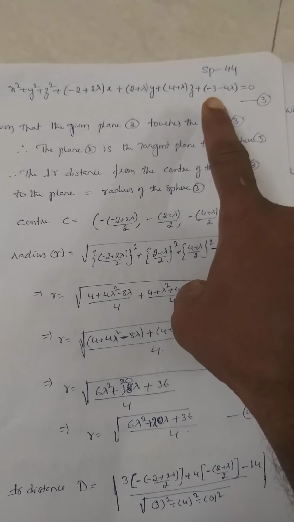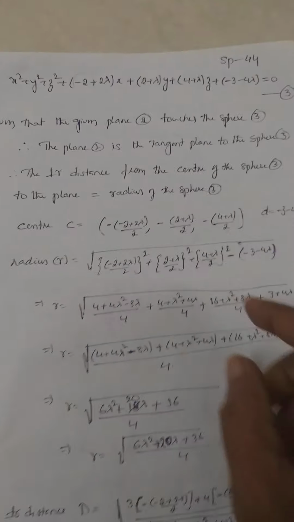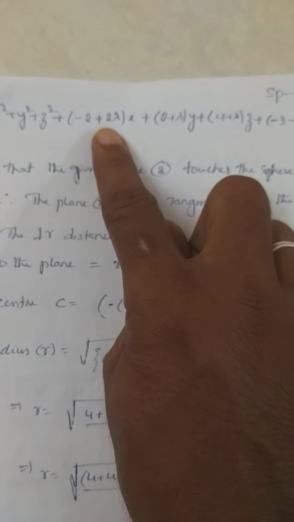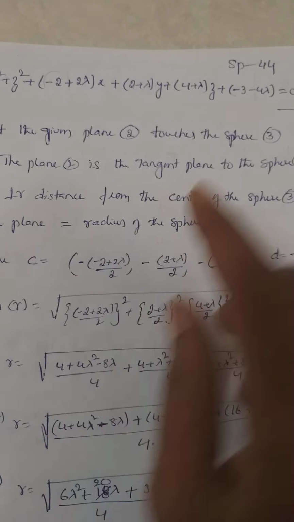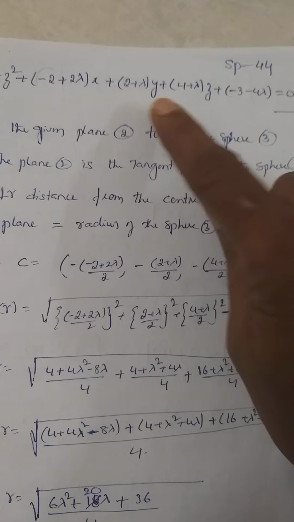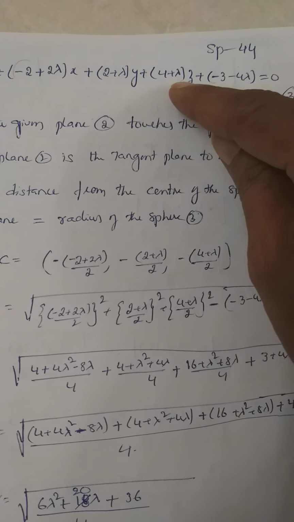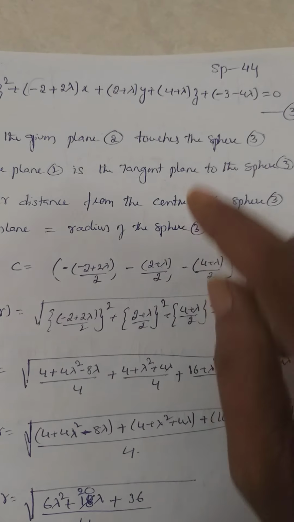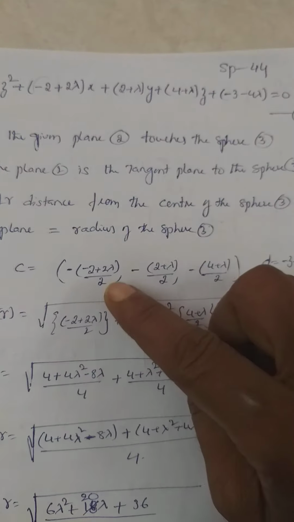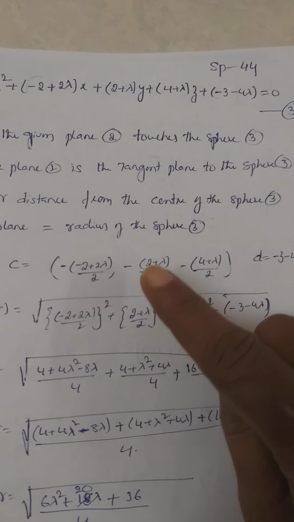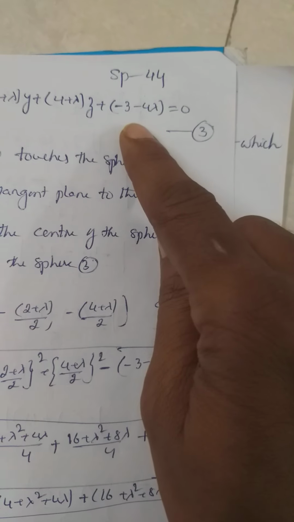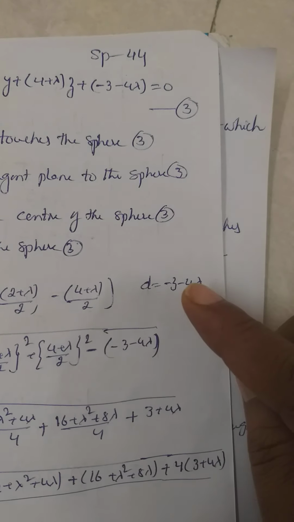That's why the center of the sphere is equal to minus of x coefficient by 2, minus of y coefficient by 2, minus of z coefficient by 2. I am not simplifying each and every coordinate. Here, what is the d value here? Minus 3 minus 4 lambda.